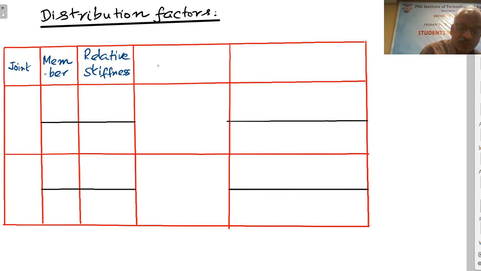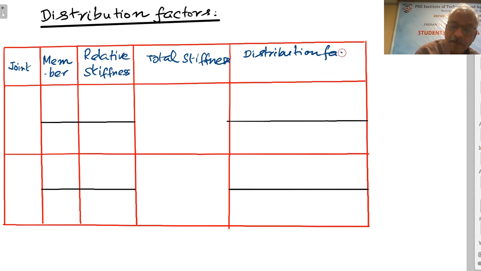Relative stiffness or total stiffness, then distribution factor. Total stiffness we can call TS.